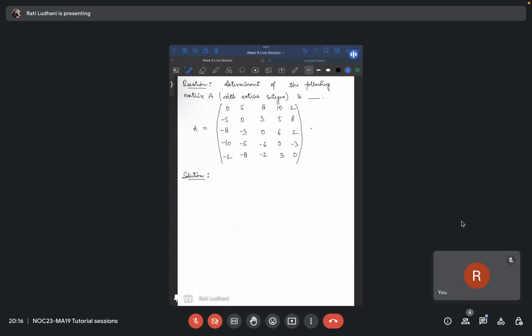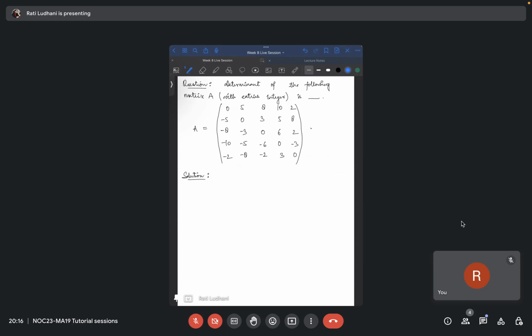What can you observe in this matrix? Okay, the diagonal is 0. This is a skew symmetric matrix.